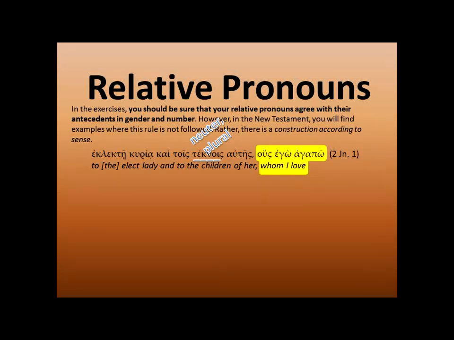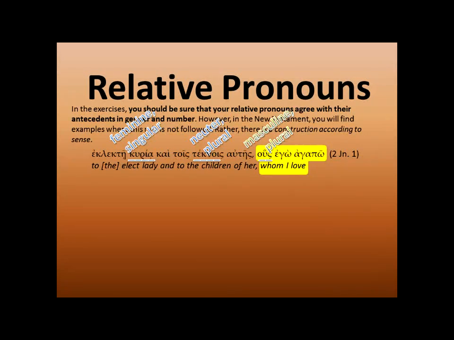We look at the word teknois, and we see that it is neuter and plural. That's the word for children. We look at the relative pronoun, which refers back to something in the preceding clause, and it is not neuter, it is masculine and plural. So we start looking for something that is masculine and we don't find it.